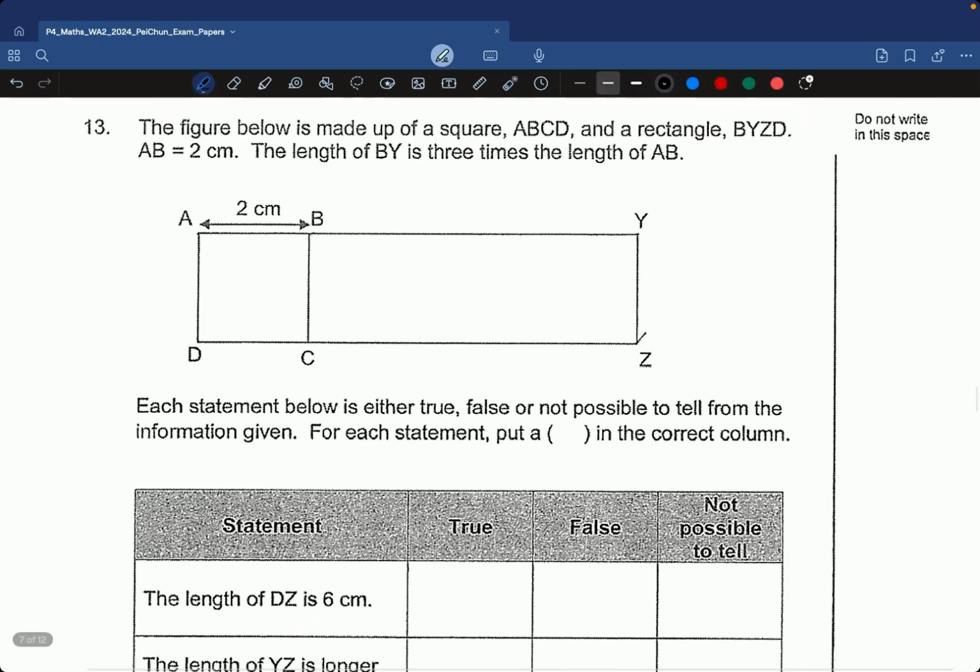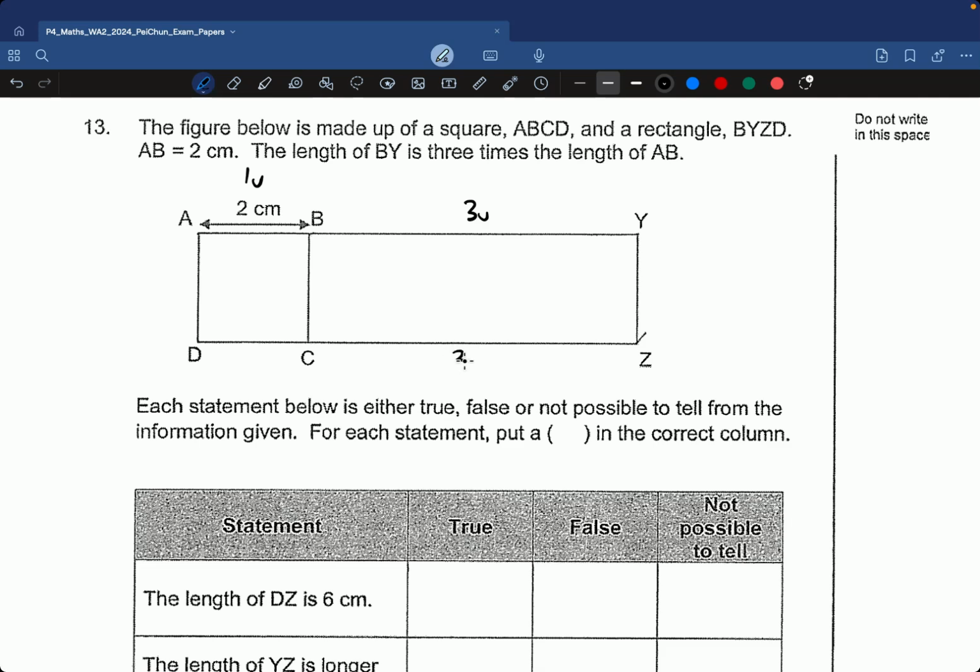All right. So when it says over here that the length of BY is 3 times the length of AB, that means BY to AB is 3 is to 1. So for DZ, in this case, BY over here is 3 units and AB is 1 unit.